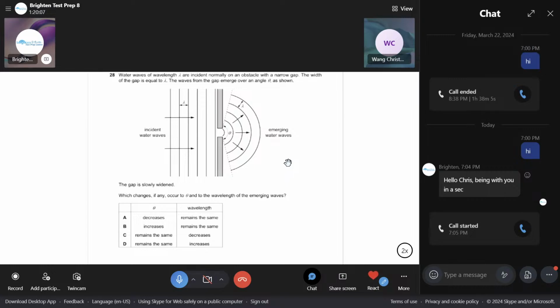So the gap is slowly increased, and the angle decreases. Okay. And the wavelength remains the same. And why does the wavelength remain the same? Because this is only diffraction. Yes. Okay, all right. Good.